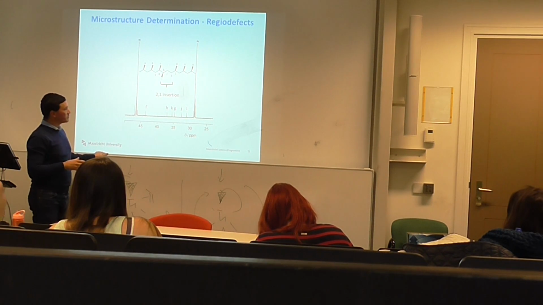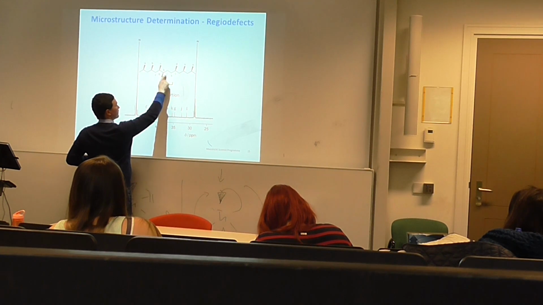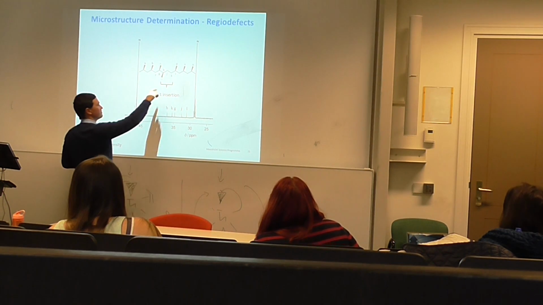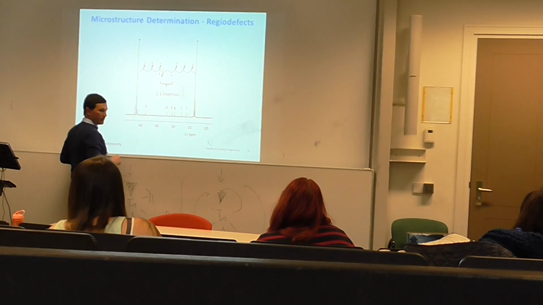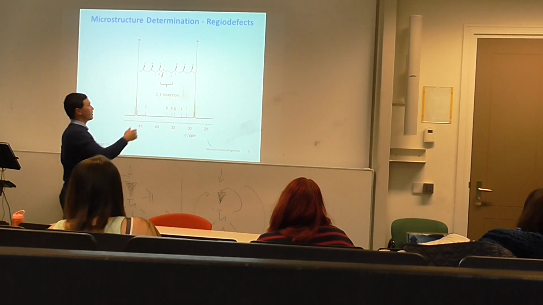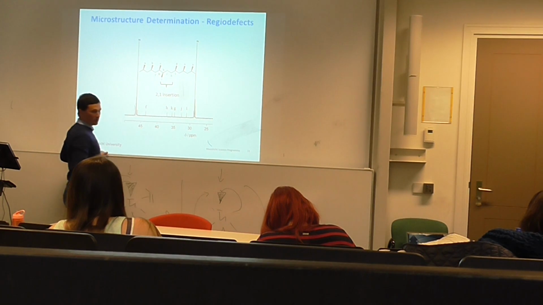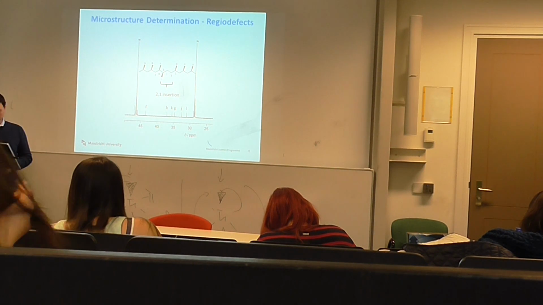So the methyl group, which is next to another methyl group and CH, but not methyl. It's a CH2 close to another CH2 and a CH that will resonate differently according to this CH2, and you can see this here. Okay, so that's how we can recognize the regio effects.